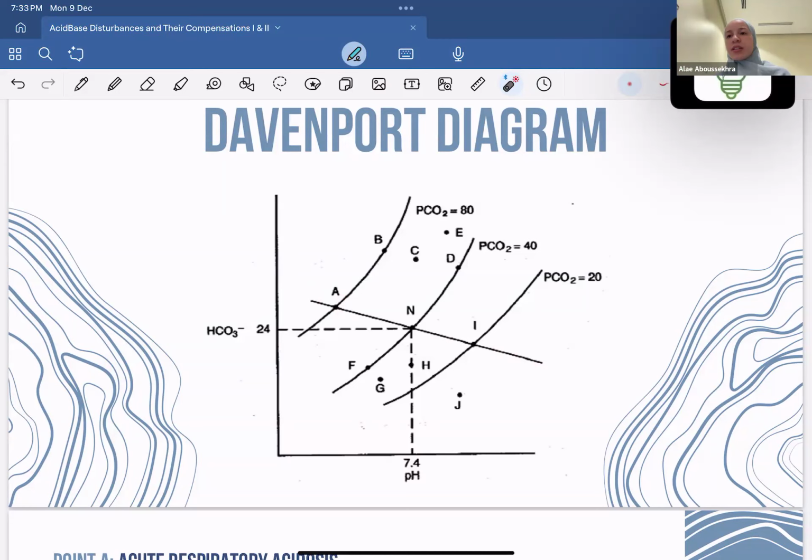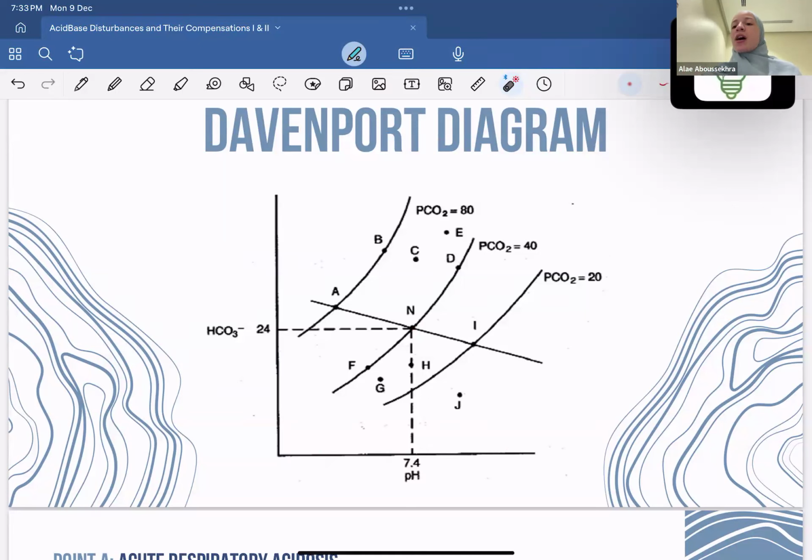And from what we studied, if the partial pressure of CO2 changes, what does that mean? That we have a respiratory problem. So for any point anywhere along this line, you immediately think of a respiratory disturbance.